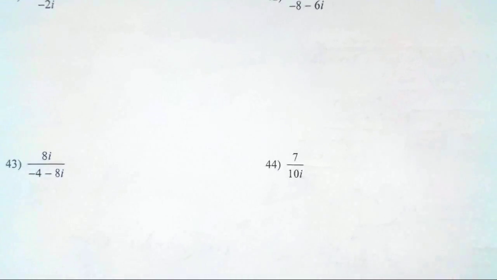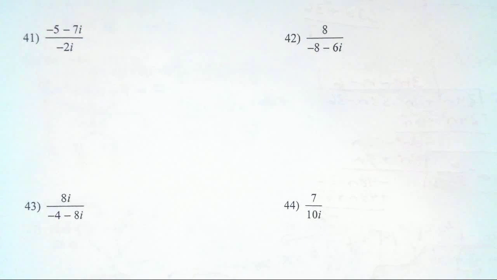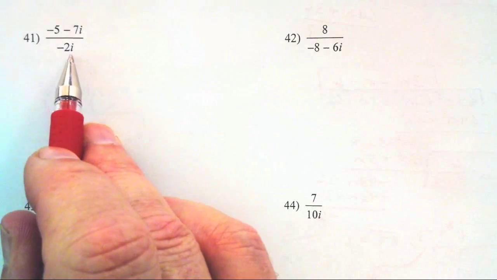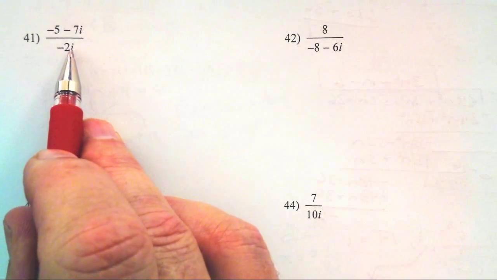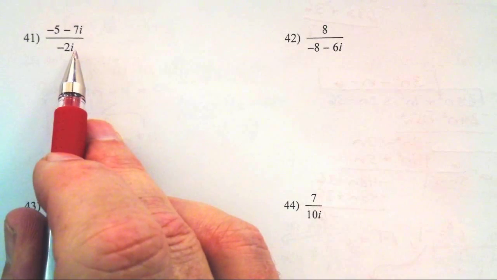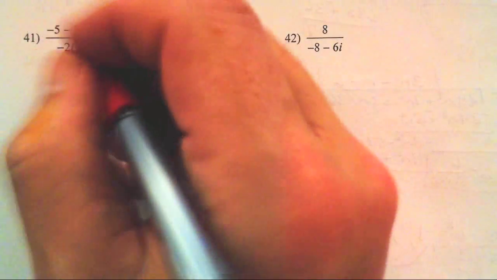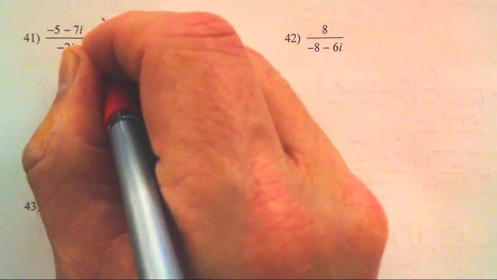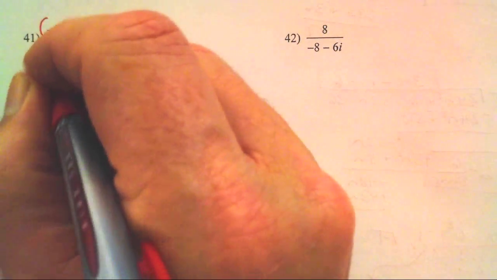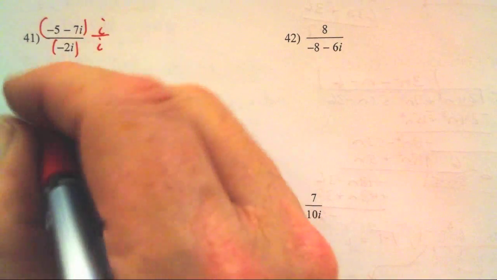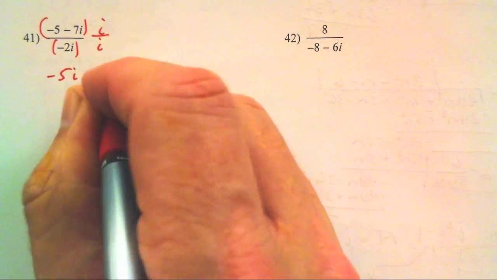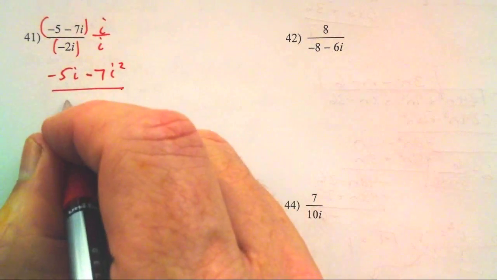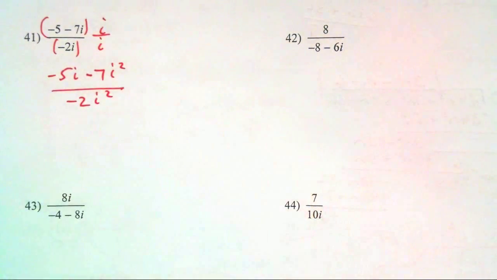Okay, let's jump down to 21. Much like radicals, and number 41, much like radicals, we do not want to have i's in the denominator. So to clean this one up, if this was an i squared, the i's would be gone, because I know that i squared is -1. So I'm going to multiply this by i on i. And I get, distributing, -5i minus 7i squared on -2i squared.